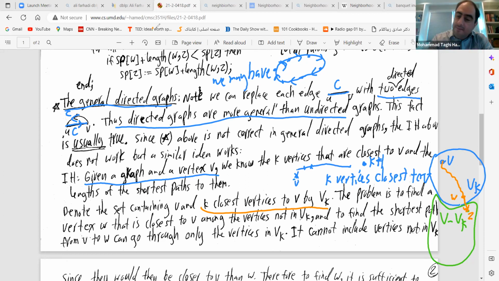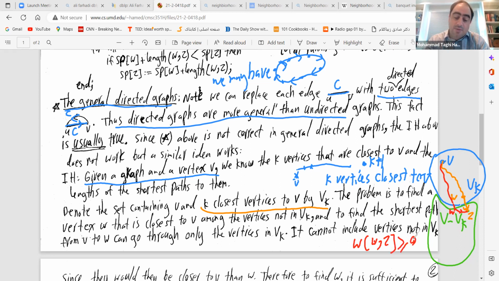So if there is another vertex W such that the shortest path from V to Z is going through vertex W, and W actually belongs to V minus Vk. We know that the weight of WZ is greater than or equal to 0.